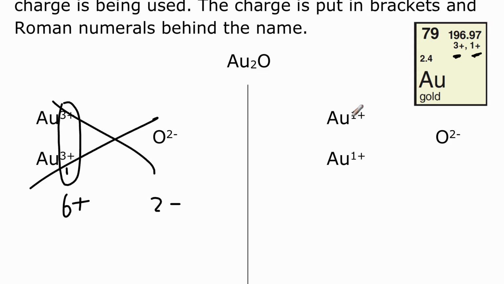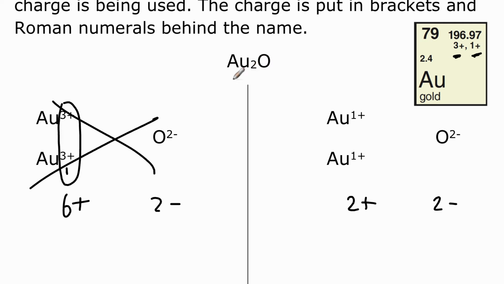Whereas if you look over here, if I'm using the 1 plus charge, gold is a 1 plus, oxygen is a 2 minus. If there's 2 of them, that gives me a 2 plus charge here and a 2 minus charge there. They're balanced. Therefore, in this formula where I use 2 gold ions and 1 oxide ion, the gold must be playing as a 1 plus.